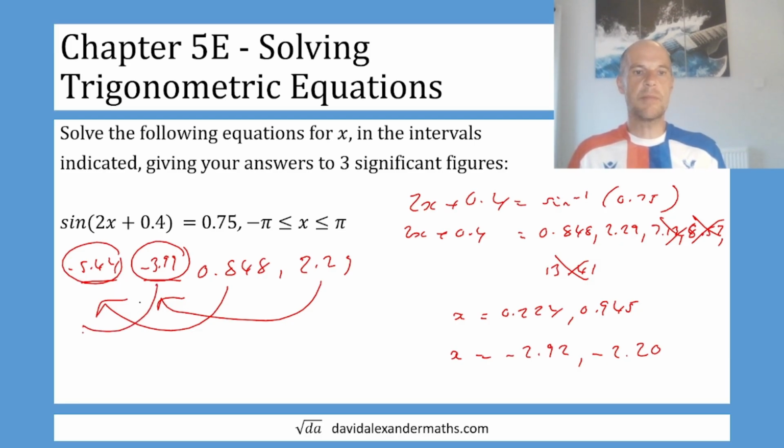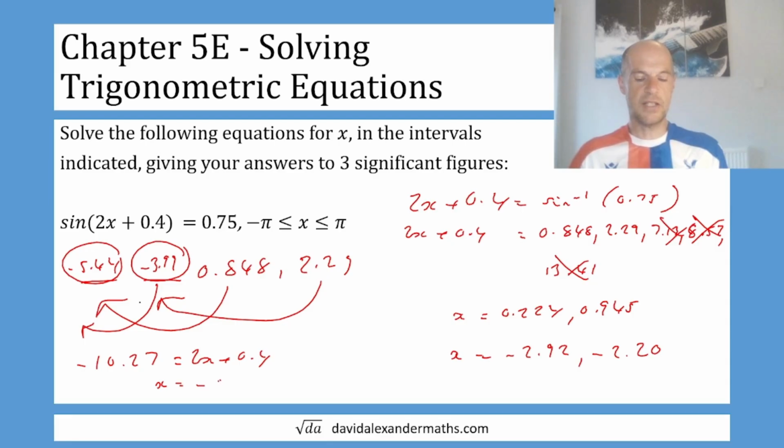Well, that's going to be minus 3.99, take away 2 pi, which is, it's getting a little bit cluttered here, minus 10.27. And remember that that is also for 2x plus 0.4. So again, I'll take away 0.4 from that and divide by 2. And I'm getting negative 5.33.